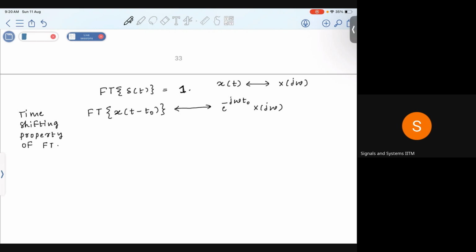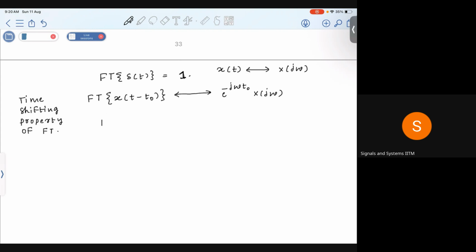Using that property, the Fourier transform of del of t minus t naught, here t minus 2, is nothing but e power minus j omega times 2 times the Fourier transform of del of t. This is simply 1.